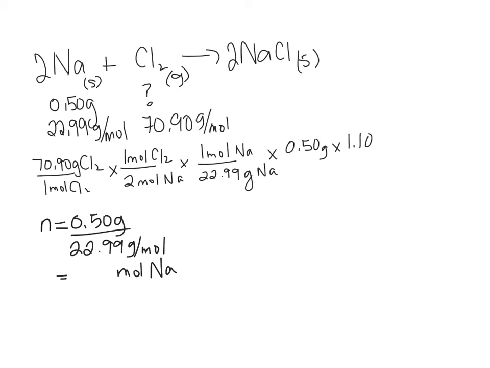Use your mole ratio to convert. Now, that gives you moles of chlorine. Multiply that number by 1.10. And that will give you the 10% extra moles of chlorine.